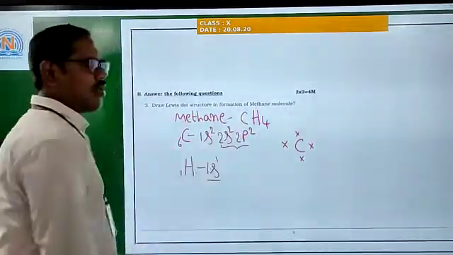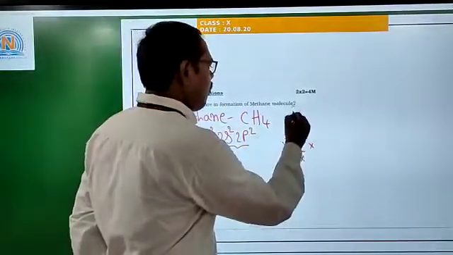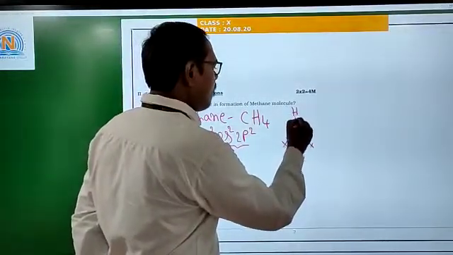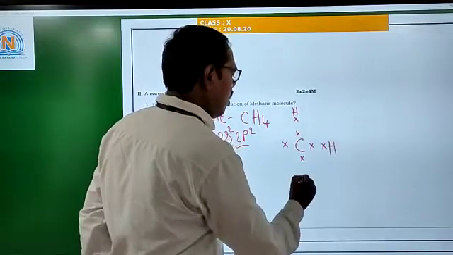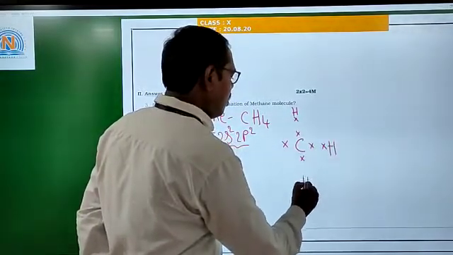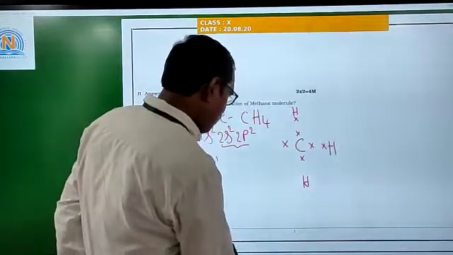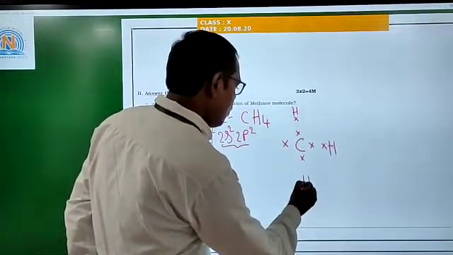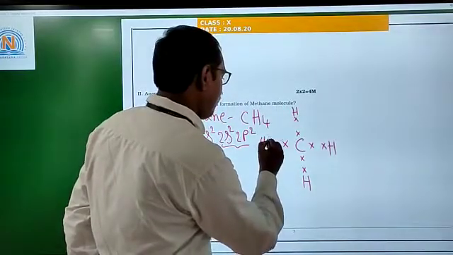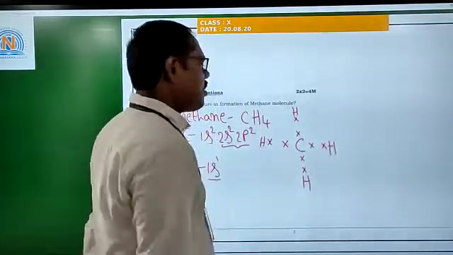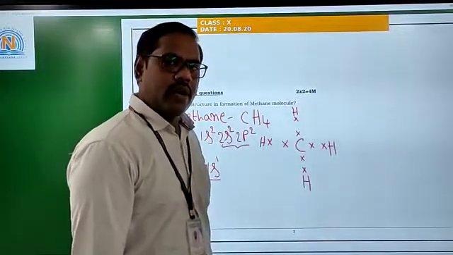Here 4 hydrogens are there. So the 4 hydrogens can form the bond with carbon. Each hydrogen contributes 1 electron.